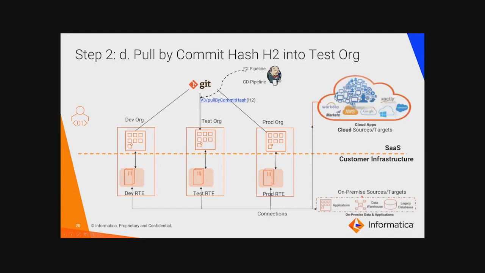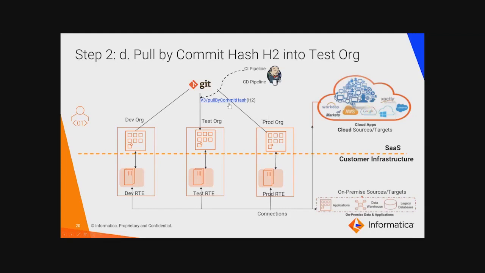When we do a pull by commit hash, it will bring the code from the Git repository, the test branch of the IICS org, from there to the IICS side. It will pull that particular code.